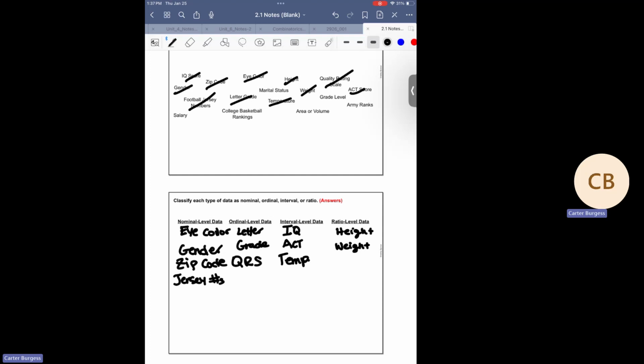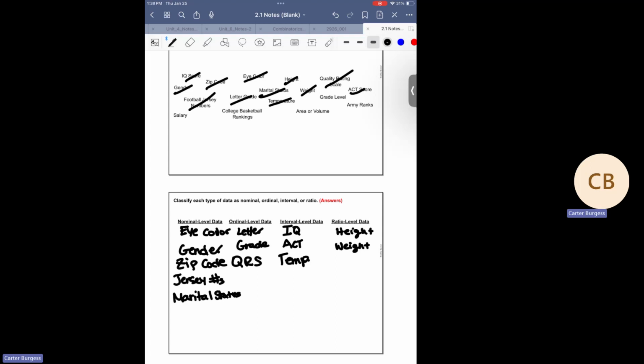Marital status, what would we say? I would definitely say nominal. Okay. What about grade level? So I think this one's kind of close to either being ordinal or nominal. If we think in terms of, is there an intrinsic value in being in first grade versus being in second grade?